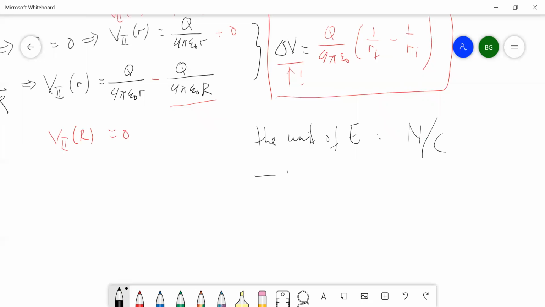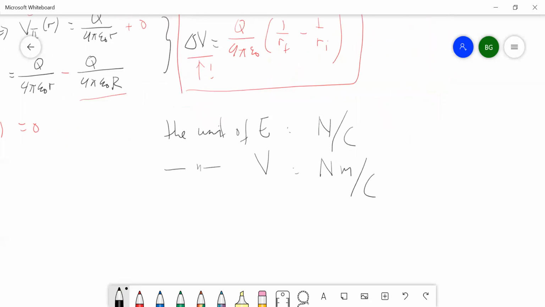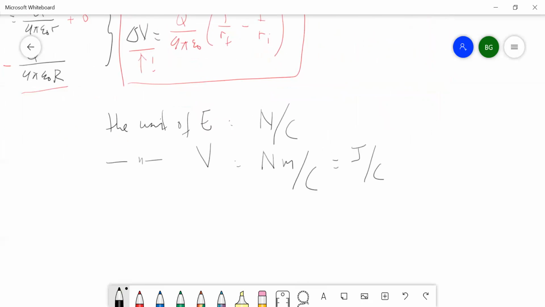Okay, so the unit of potential is Newton meter per Coulomb. So this is joule per Coulomb. This is called volt.